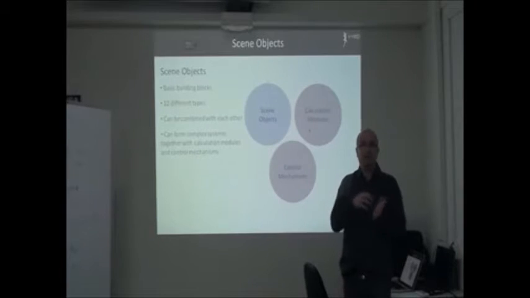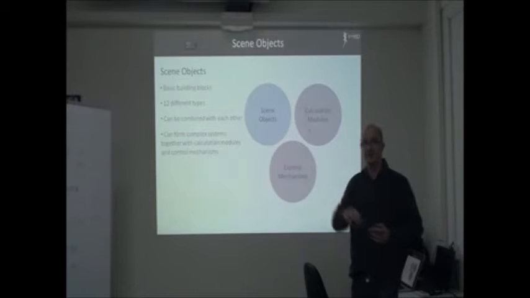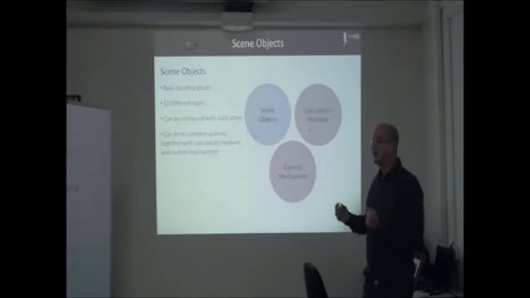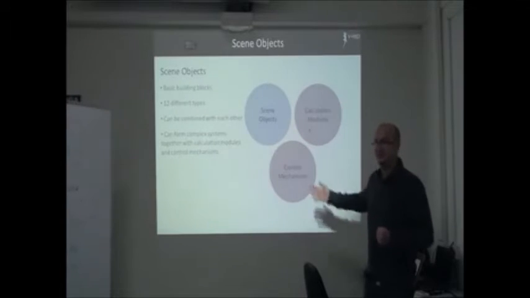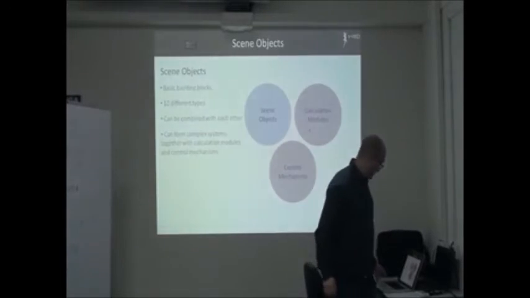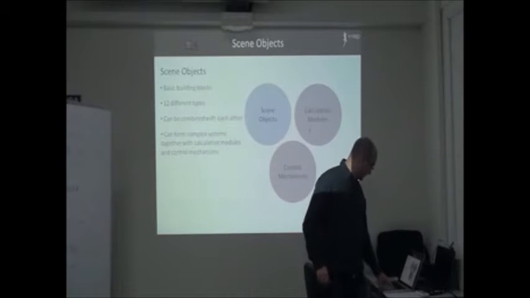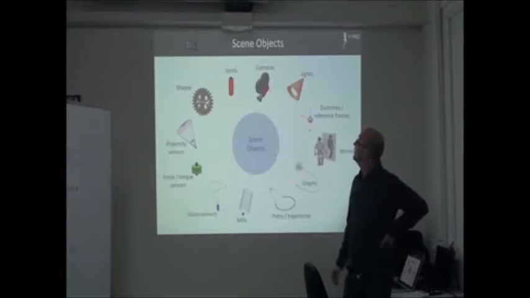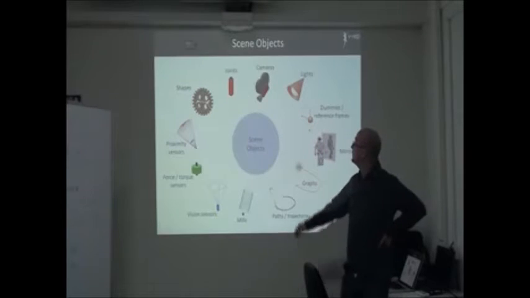They are like building blocks, like Lego blocks, that you can combine in order to model the environment, make your robot, make your sensor, etc. Those are the different kinds of scene objects you have in VREP.